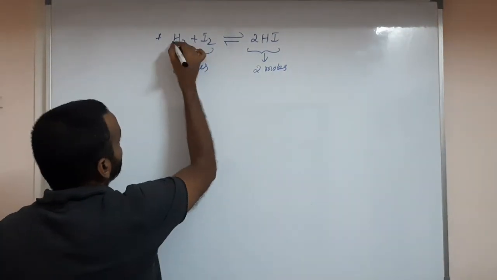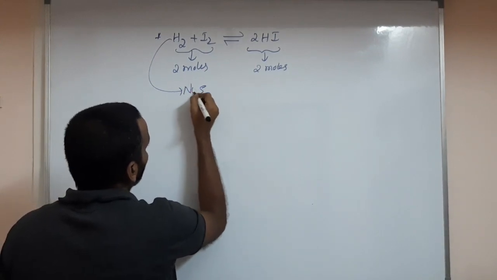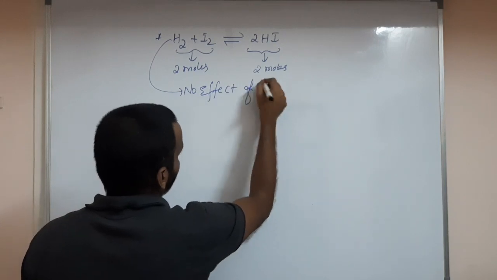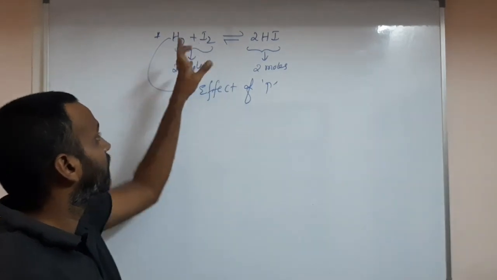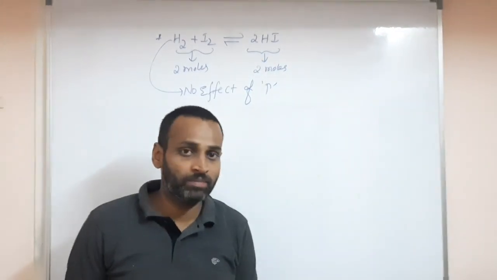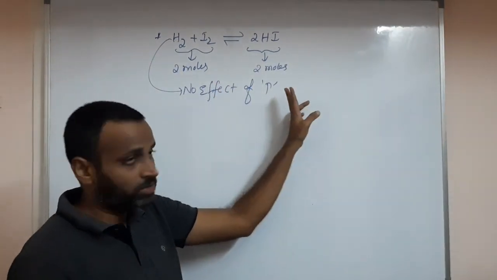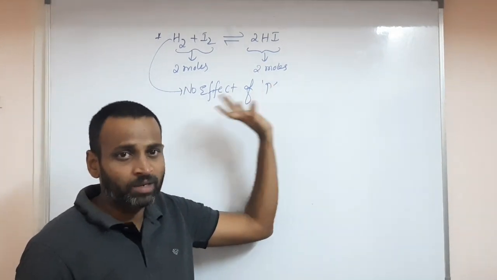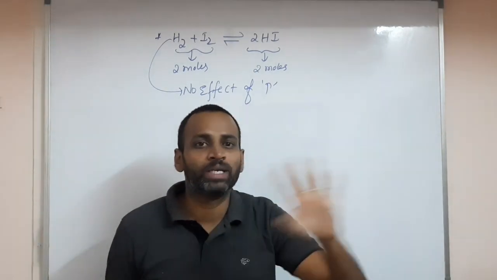So for this kind of reaction, there is no effect of pressure, because the number of moles remains the same in both reactants and products. If the number of moles is the same in both, then there is no effect of pressure.